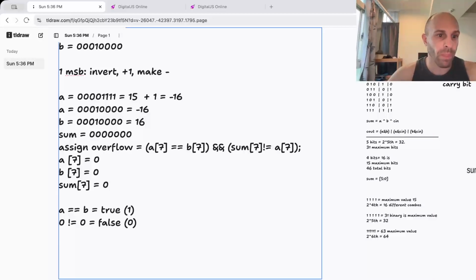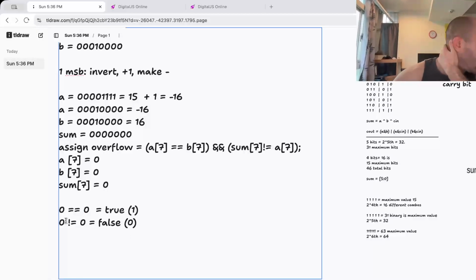0. Just remember, A and B is 0 and 0. A is equal to B. That's true. 0 is not equal to 0. It's false.